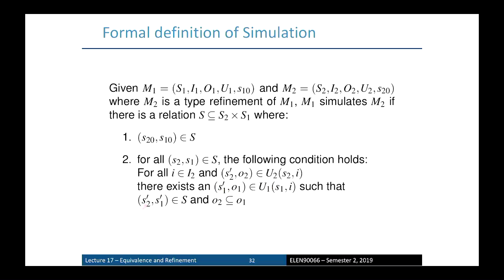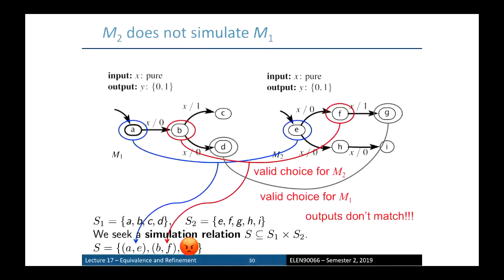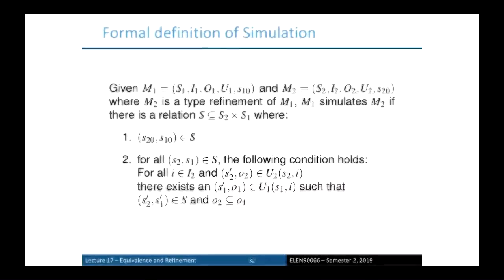All of that says that both of those states have to belong to the joint state here, right? Remember the simulation relation here? Think about it that way. But the output of machine 2 is only a subset of the output of machine 1. So the output set for machine 2 is contained in the output of machine 1.